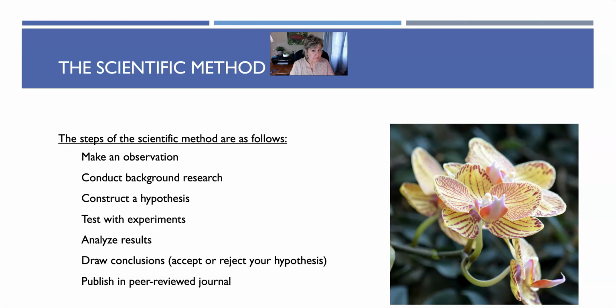The next part is very important. You do background research. And so, especially in science, you have to know everything that you can possibly get your hands on having to do with a subject. And you read and you read and you read, read more than that and talk with everybody that you know about this.